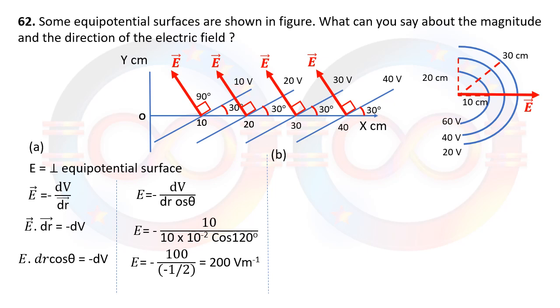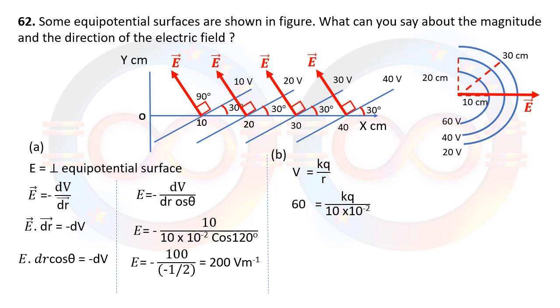Direction is fixed, that is radially outward, and the radius is perpendicular at any point on the surface of a sphere or at any point on the circumference of a ring or circular shape. So we know E is perpendicular already. We know the potential formula is kq upon r, and potential, if we take at a distance of 10 centimeter, is given already as 60 volt.